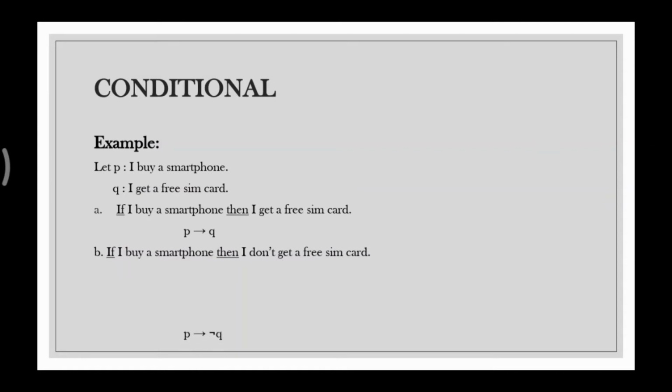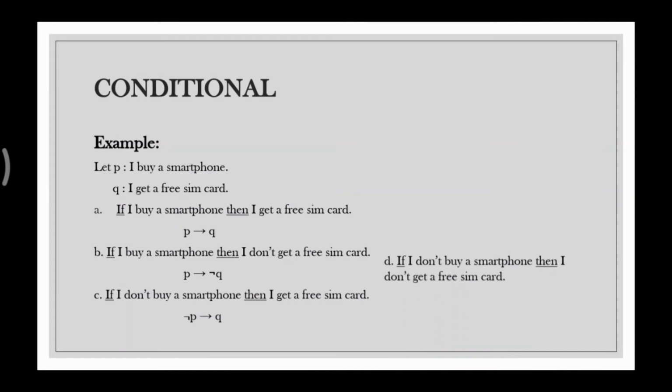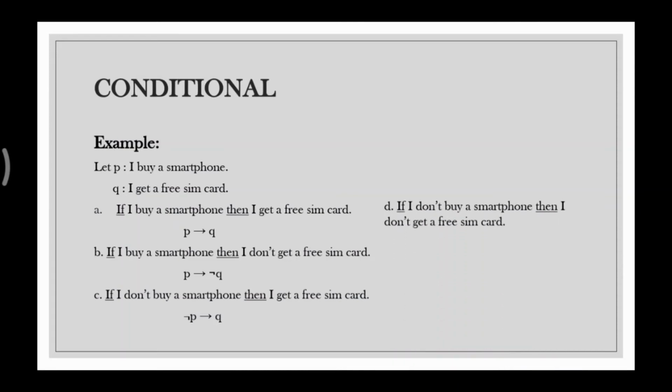Letter B. If I buy a smartphone, then I don't get a free SIM card. Letter C. If I don't have a smartphone, then I get a free SIM card. And letter D. If I don't buy a smartphone, then I don't get a free SIM card.